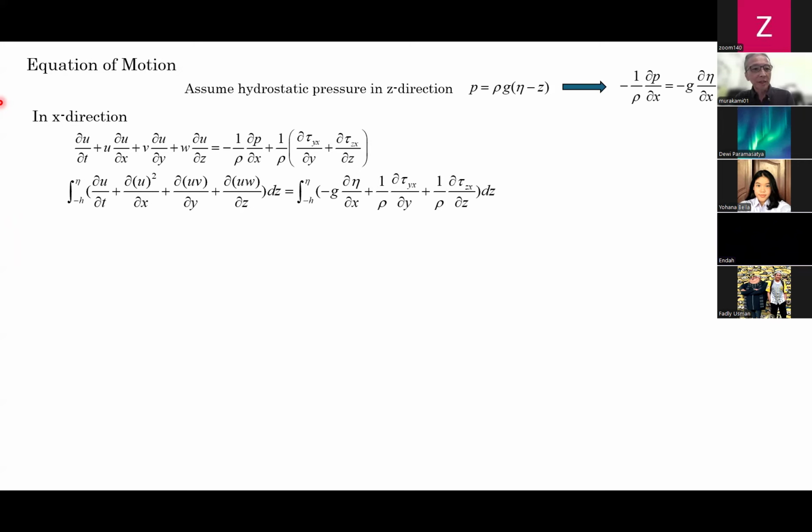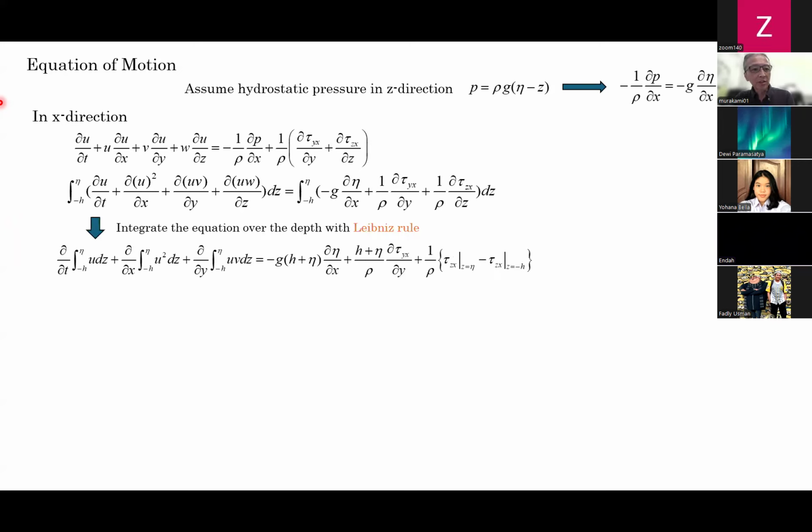We assume hydrostatic pressure in the vertical direction, and also in the X and Y directions. So we need to express the equation of motion like this one. This is the equation of motion in the X direction.